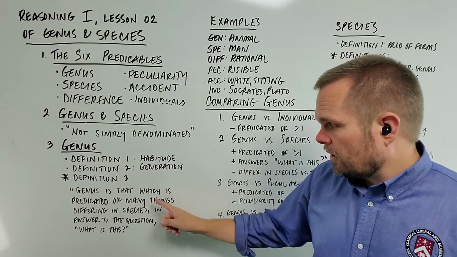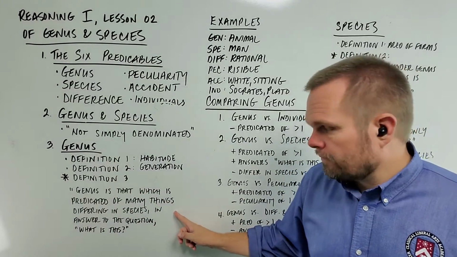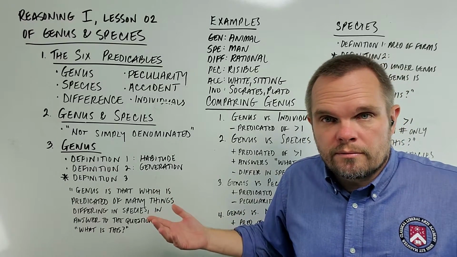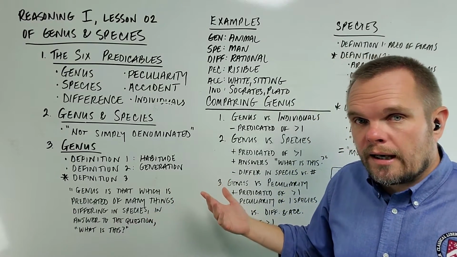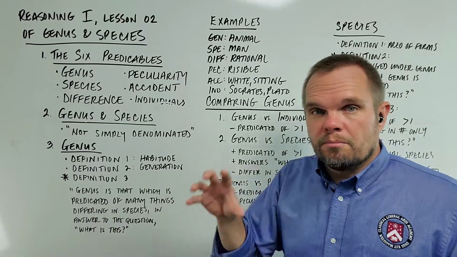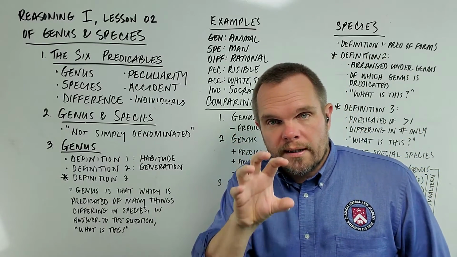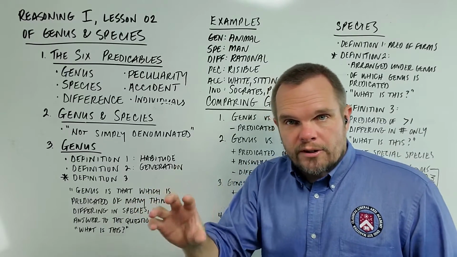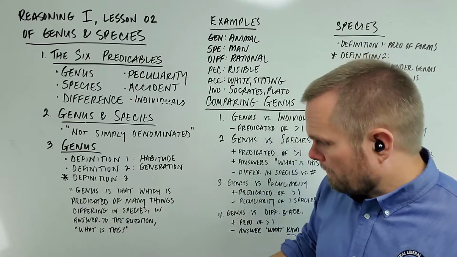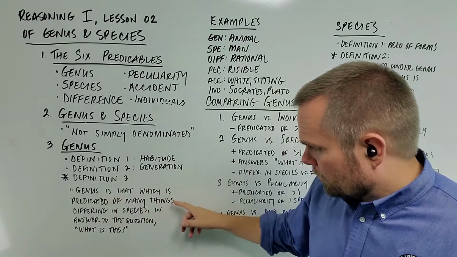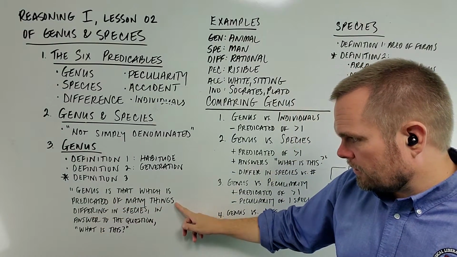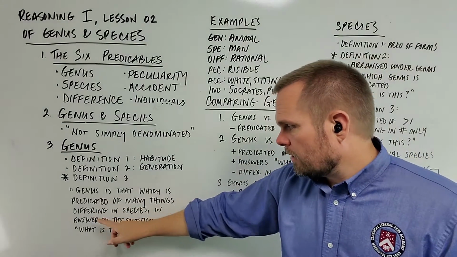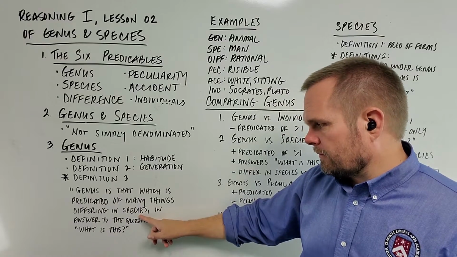Animal is predicated of many things, many individuals, right? Other kinds of things as well, because man is just one kind of animal. There are others, right? Fish, birds, and so on. Genus is that which is predicated of many things which differ in species.